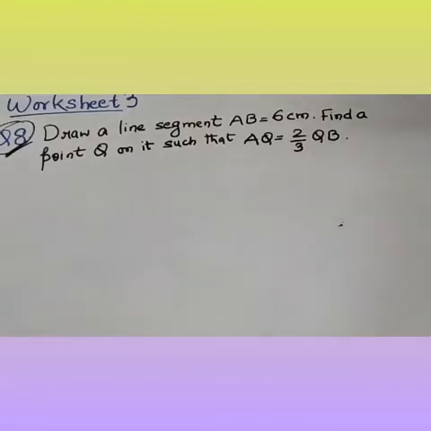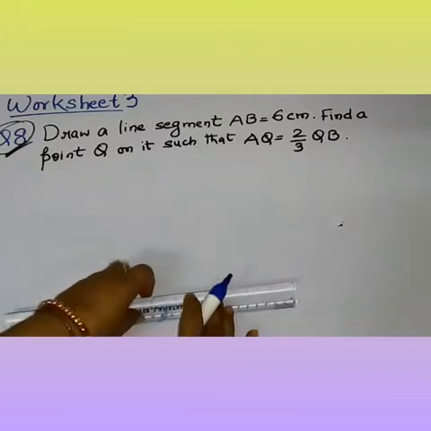The next question is question number 8 of worksheet 3. Draw a line segment AB equal to 6 centimeter. Find a point Q on it such that AQ is equal to 2/3 BQ. The same thing we will do, that is, we have to draw a line segment of 6 centimeter, so it should be exactly 6 centimeter.